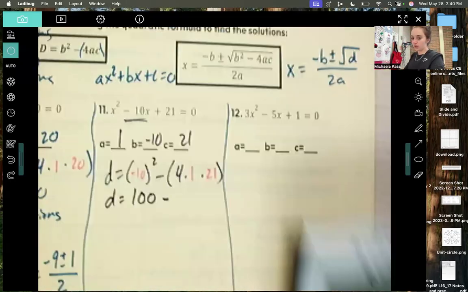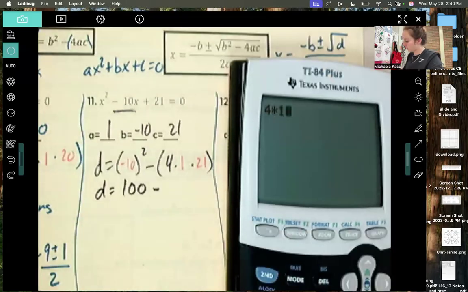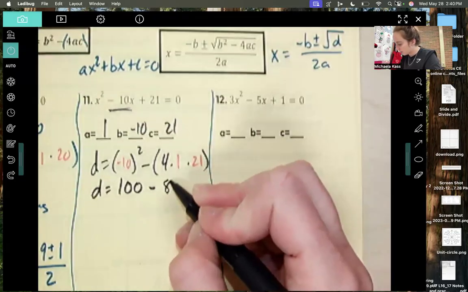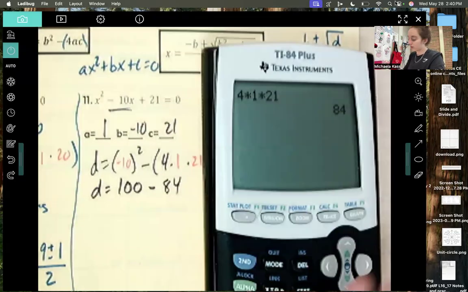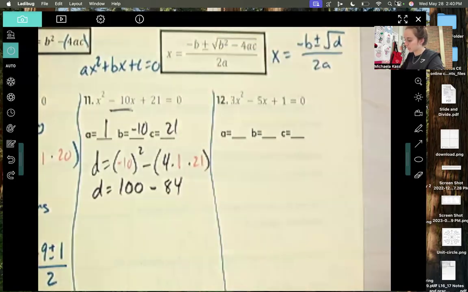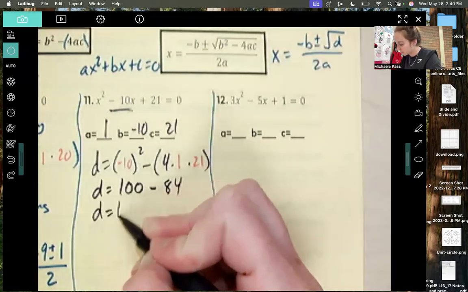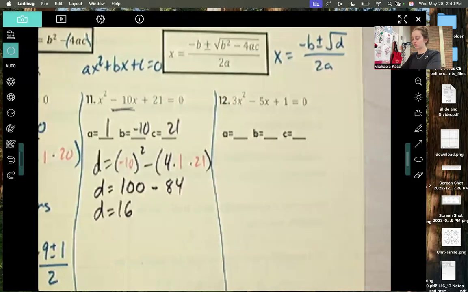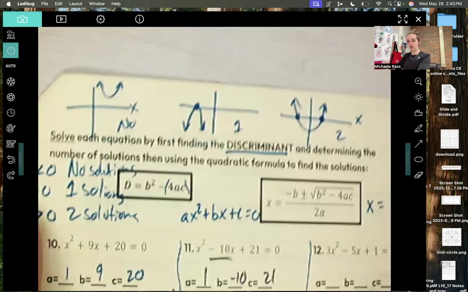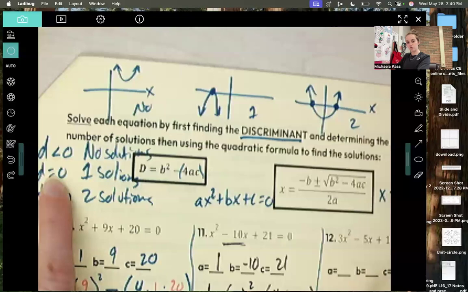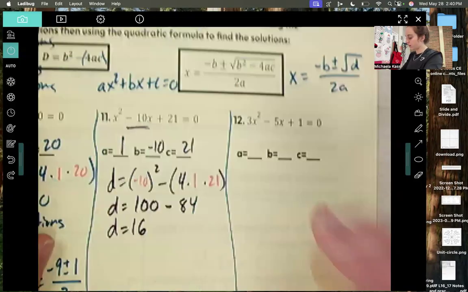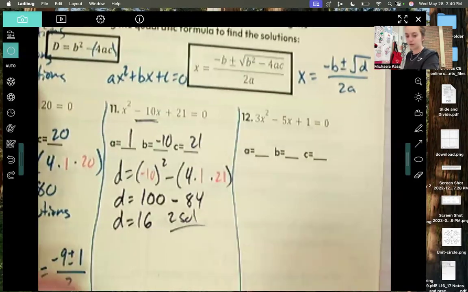Minus, if I don't know it, I grab the calculator, right? 4 times 1 times 21, we get 84. So then in your calculator, we type in 100 minus 84, and boom, we got 16. So D equals 16. Ask yourselves now, is that less than 0, equal to 0, greater than 0? Hopefully we see it's greater than 0, so 2 solutions here.